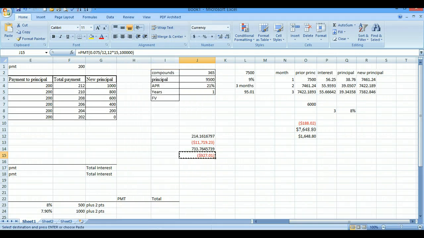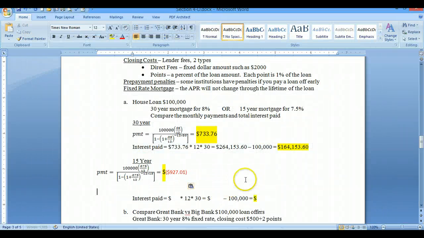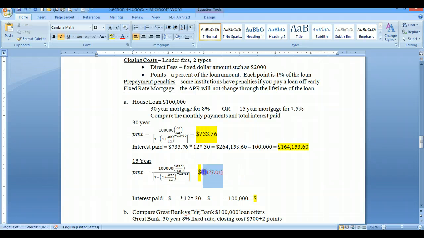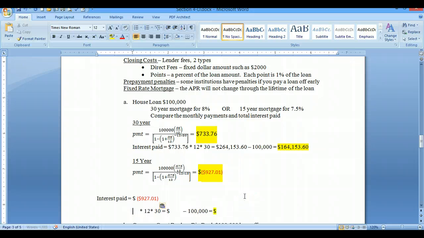Copy and Control V to paste it in. And let's move this over just to line everything up again. And highlight this in some fashion to be the answer. There we go. Now to find how much we pay in interest overall, let's just Control V that in again because it's still stored.